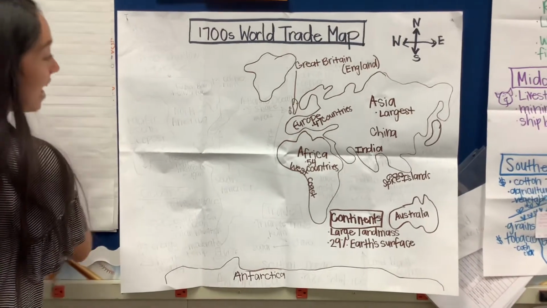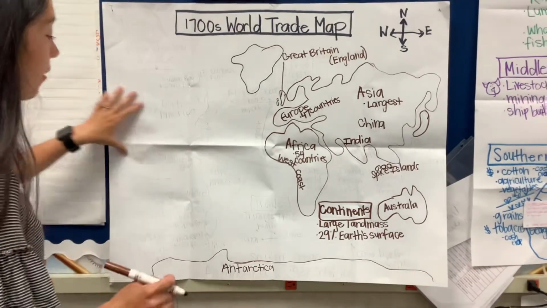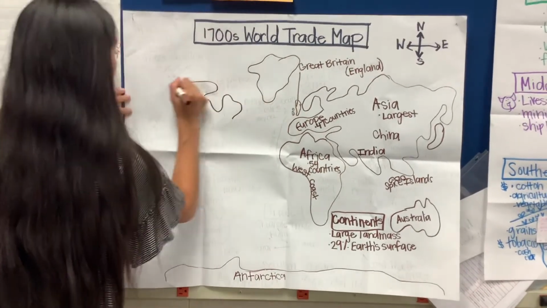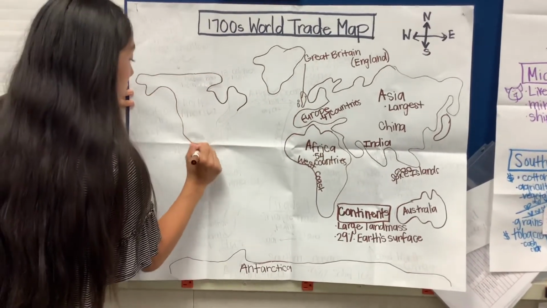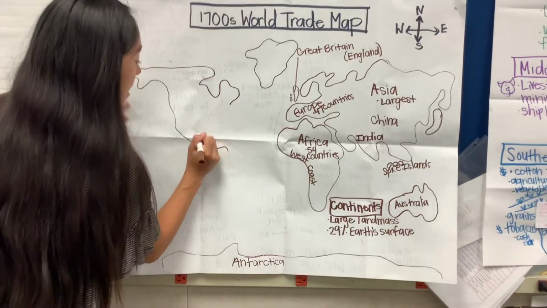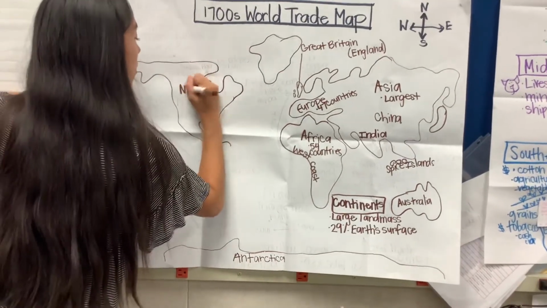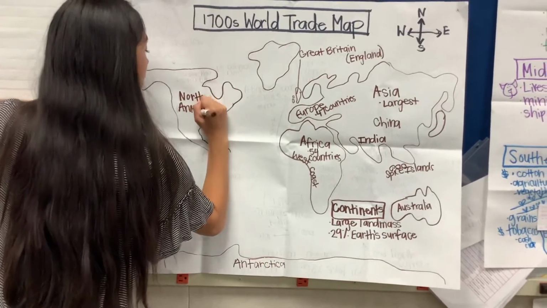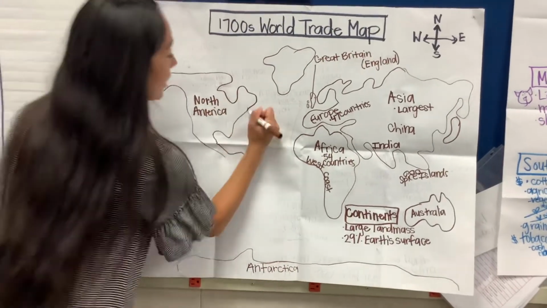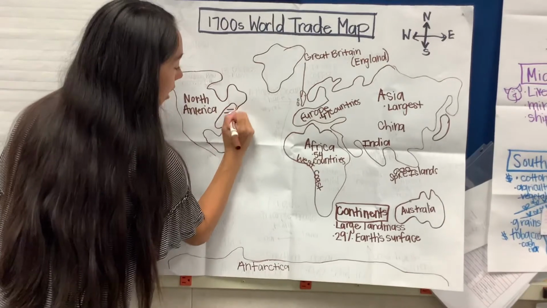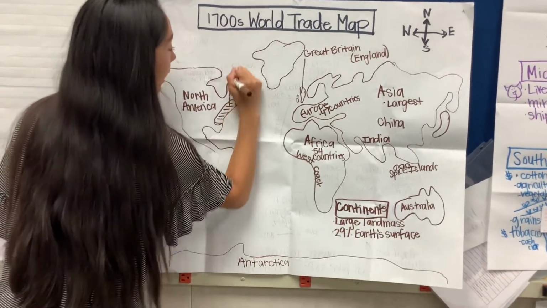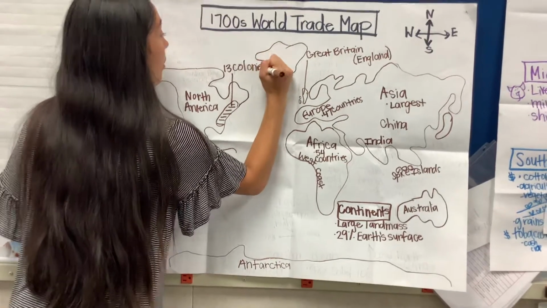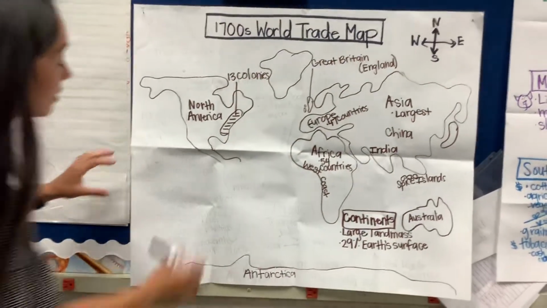Now we're going to move further west, and we are going to do our next continent, which is North America. Say that with me. North America. North America is where the 13 colonies are located. Say 13 colonies with me. 13 colonies.